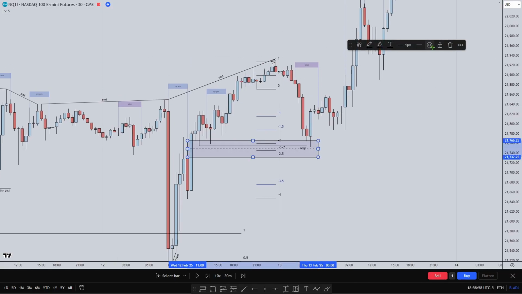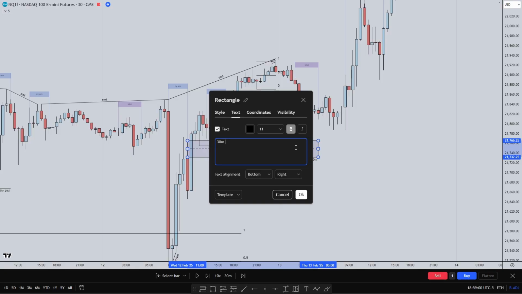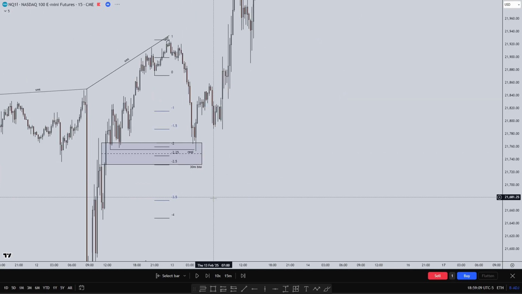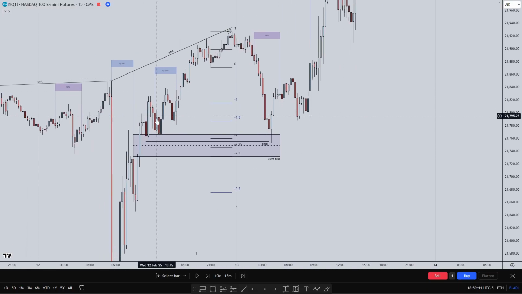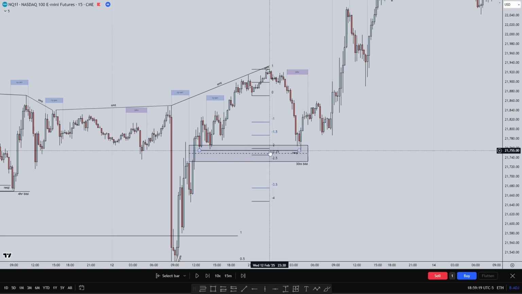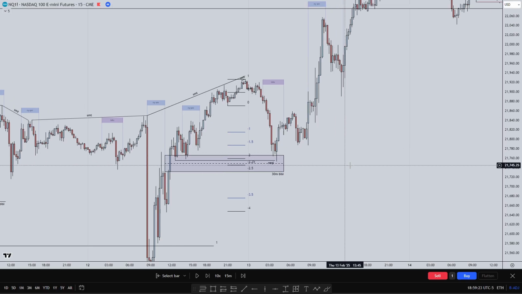So our higher time frame PD array with significant lows, right? As that was our PM kill zone low. So significant lows, relative equal lows, and our reversal deviations within this 30-minute FVG.